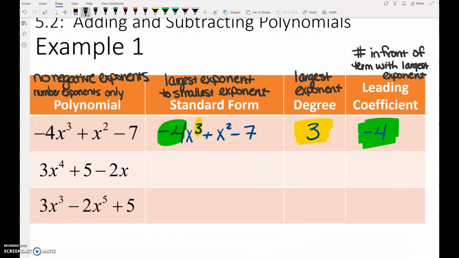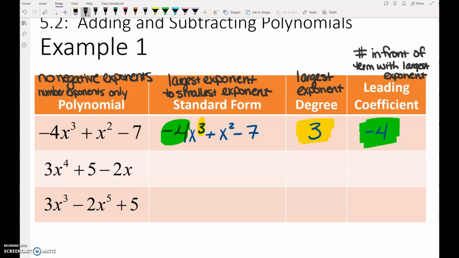Okay, on your own, I would like you to complete this table. So for the next two polynomials, rewrite them in standard form, identify the degree and the leading coefficient. If you're watching the video, pause the video and try this on your own. Okay, this one would be 3x to the fourth minus 2x plus 5. When you see subtraction symbols, just attach those to whatever comes after it.